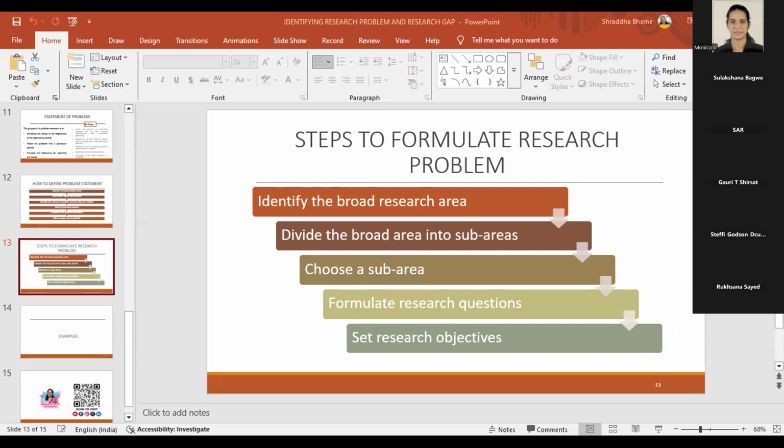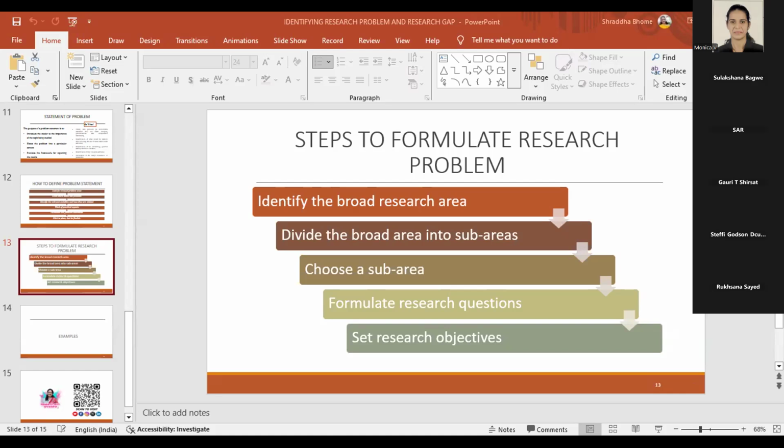For example, if your broad area is soccer, or say snooker or football, let's say football or hockey, it can be further divided into profile of football players, profile of various football clubs available, level of football clubs, impact of that club on the city, revenue generating areas, then sponsors for that football club, and also you can see the overall impact of football in that particular area.